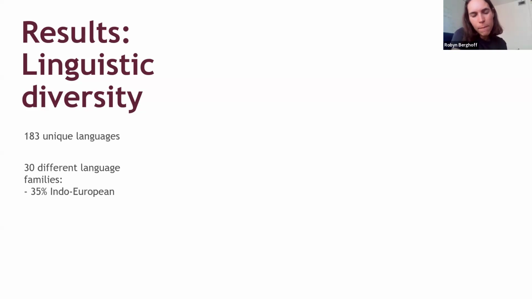And in terms of language families, and that was data that we retrieved from Ethnologue, again, there are 30 different language families represented in the data, and around 35% of the languages in the data are from the Indo-European family, right? So this is all of our Germanic languages, all of our Romance languages, Slavic languages, these are all part of that family, right? So the Indo-European family is very much dominant.